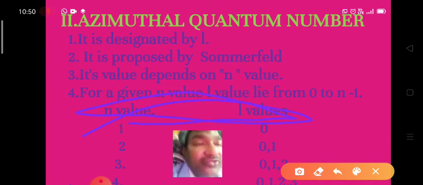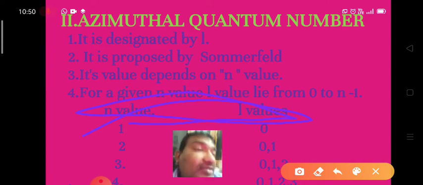For example, if n is equal to 1, l has only one value, that is 0. If n is equal to 2, then l gets 0 and 1 values. If n is equal to 3, l gets 0, 1 and 2 values.